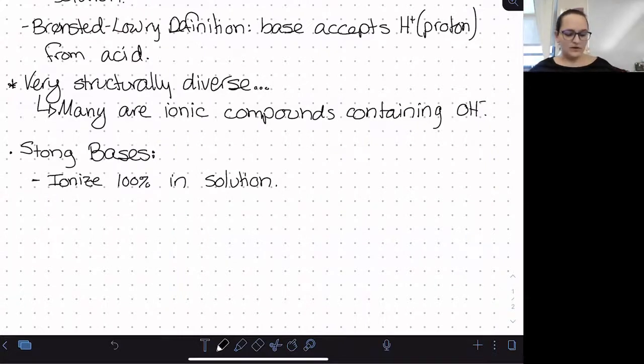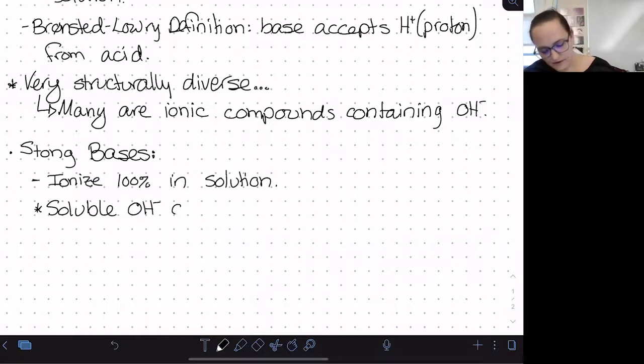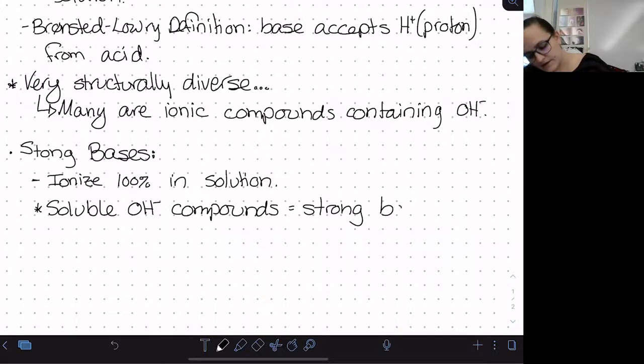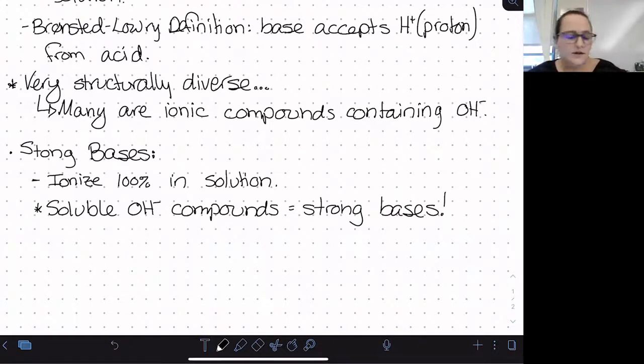So these strong bases are all of our soluble hydroxide compounds. So if we refer back to the solubility rules, most hydroxides are not soluble, but a handful are.